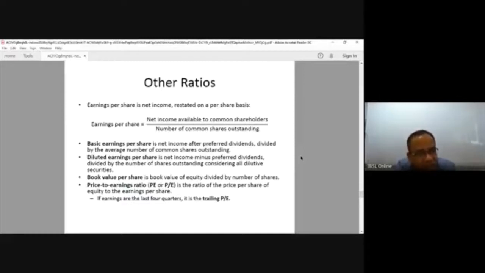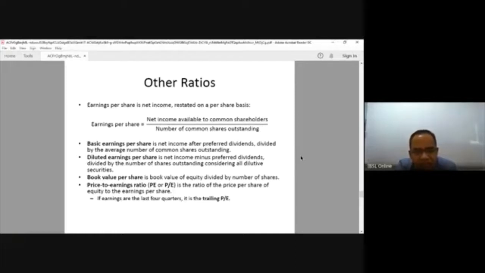Let us say your share is being traded in the market at 100 rupees, and your earning per share is 10 rupees. We call it that your share is trading at 10 multiples. That is what we call the price to earnings ratio, P/E ratio.